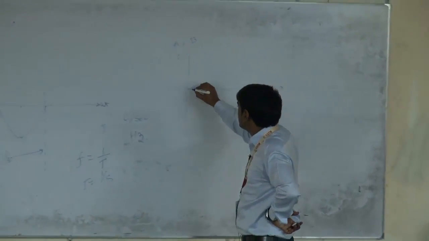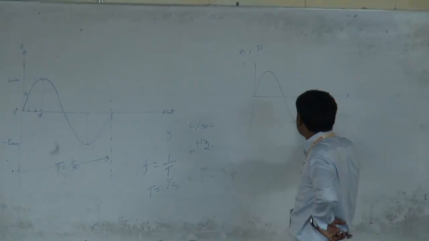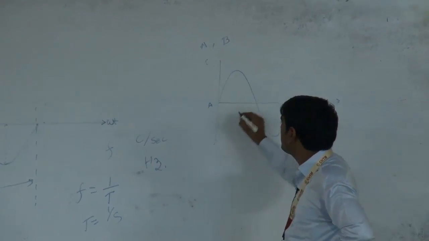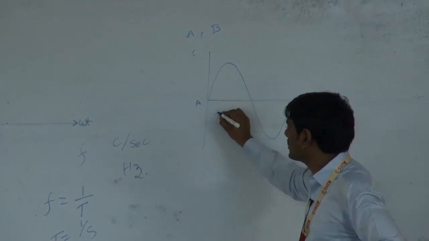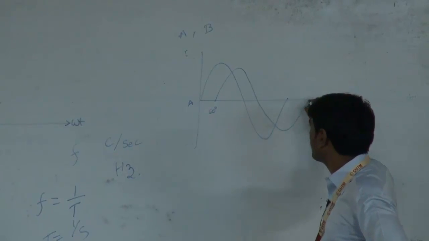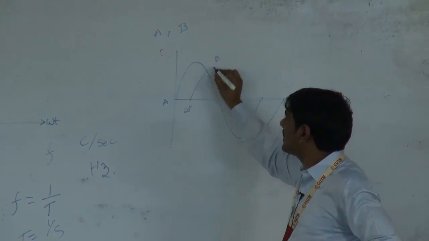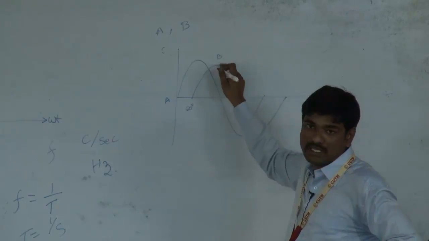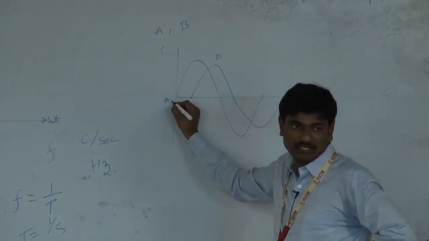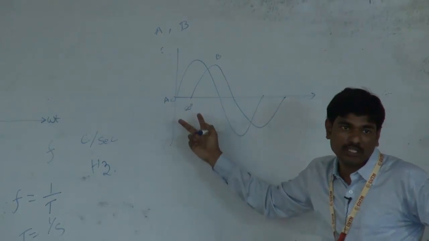Let us take the alternating quantity A starting at 0, and the alternating quantity B starting at 60 degrees. Now the phase difference between A and B is 60 minus 0, 60 degrees.